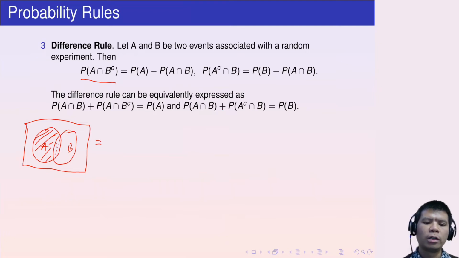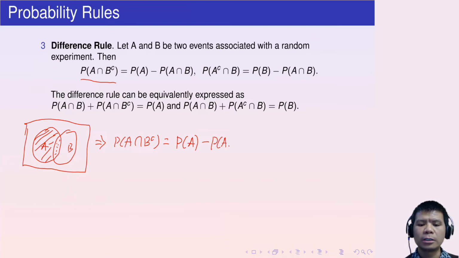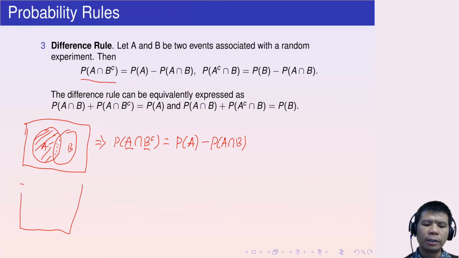So therefore, we have probability of A intersect B complement equals the probability of A minus the probability of the intersection. So exclude the intersection from A. Okay, so that is in A, not in B. Similarly, we have the second one, right?